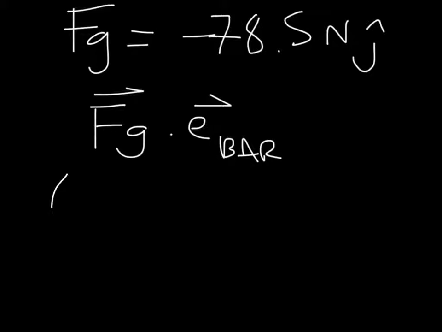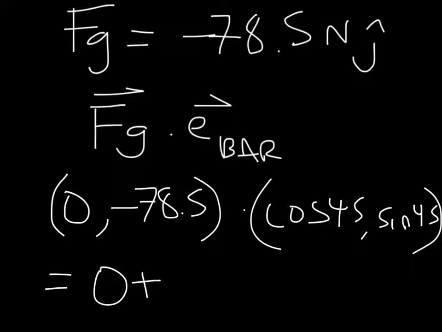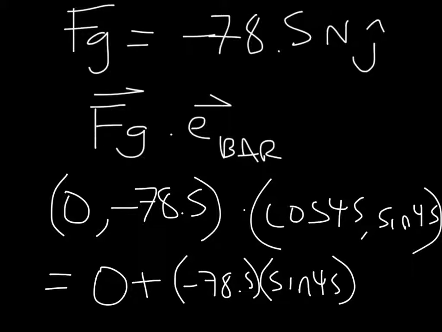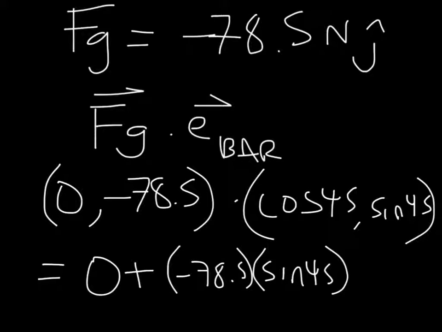So we have 0, negative 78.5 dot cosine of 45, sine of 45, equals 0 plus negative 78.5 times sine of 45. And you get negative 55.5 newtons.